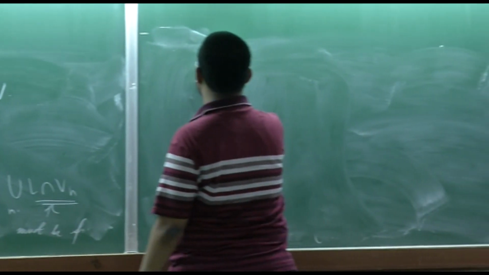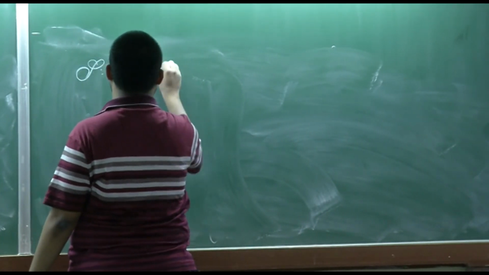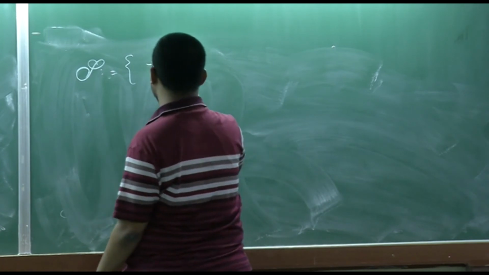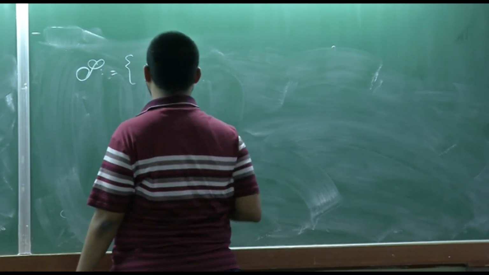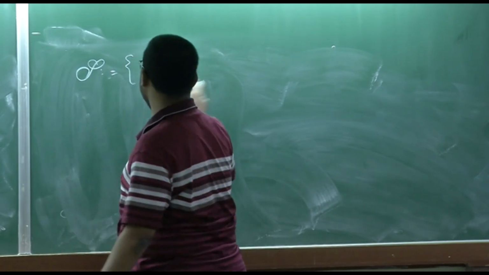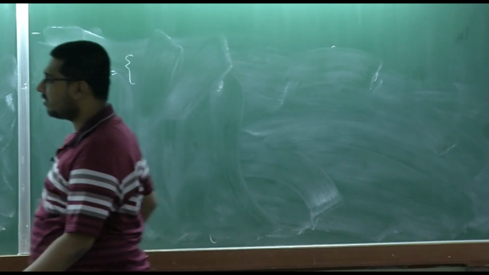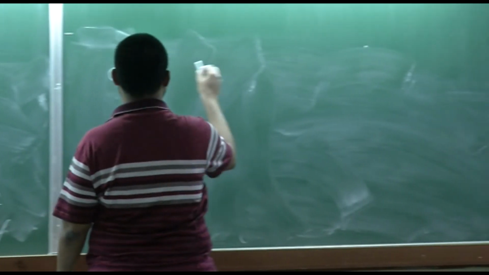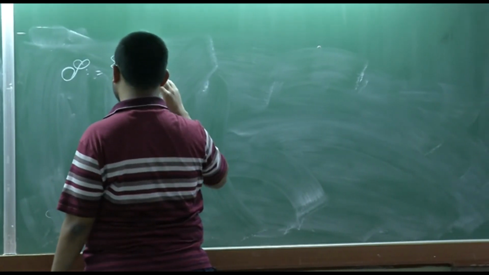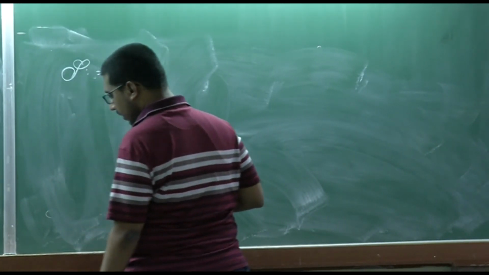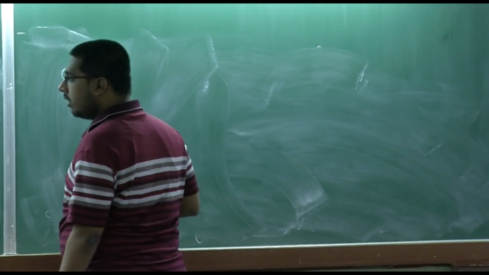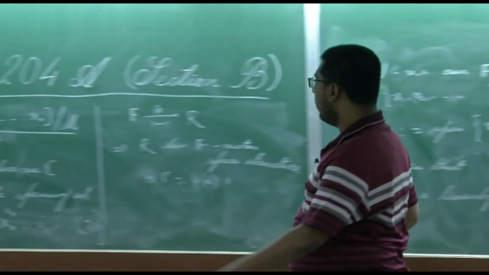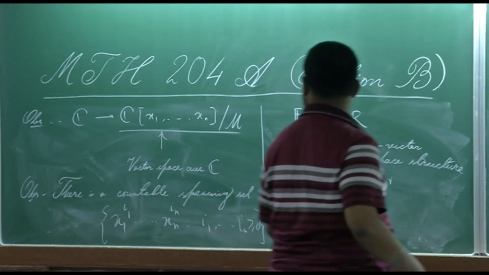So, my claim is, what about this collection, 1 by, let us say, xi minus ai, okay, ai may not be, just a minute, a has come. So what about this? Okay, so let me do it for simplicity.